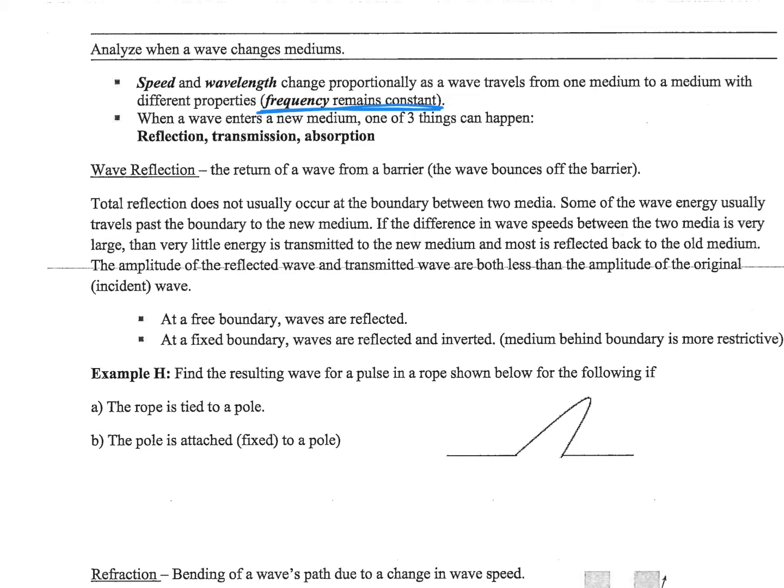It can still vibrate some, but it's not going to vibrate as easily. It's denser, so it goes from being like this to being like this. So you can go one of three ways.